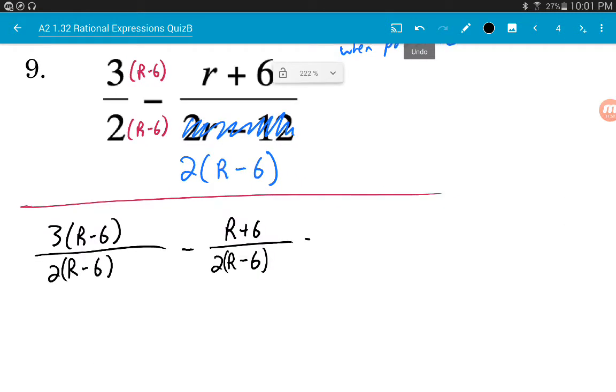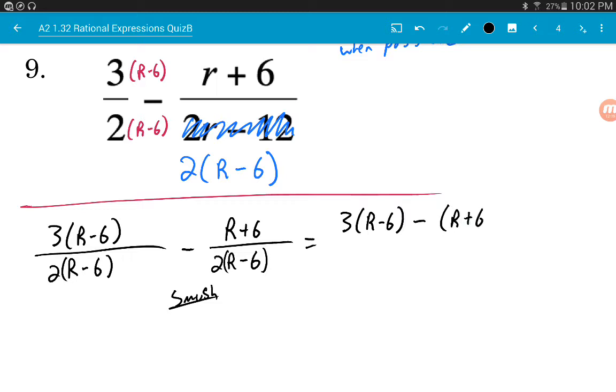Since these have the same denominator, I can smush them, giving me 3(r minus 6) minus (r plus 6) all over the same denominator, which is 2r minus 6. Remember that when you are adding or subtracting, when you smush them together, they keep the identical denominator.